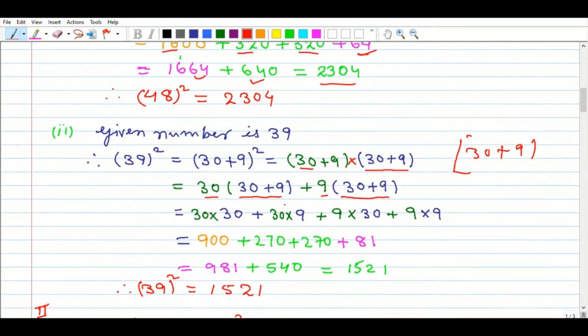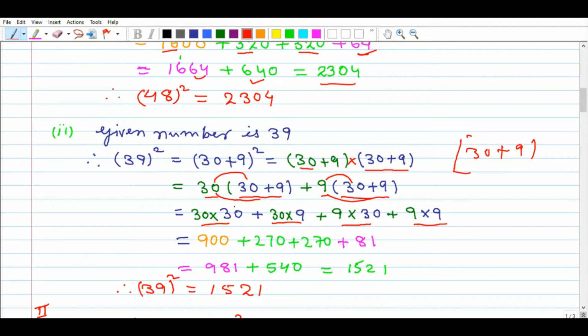Then after calculating, we get 30 into 30, I have written here. 30 into 9, here. Again plus 9 into 30, that is here. 9 into 9 is here.